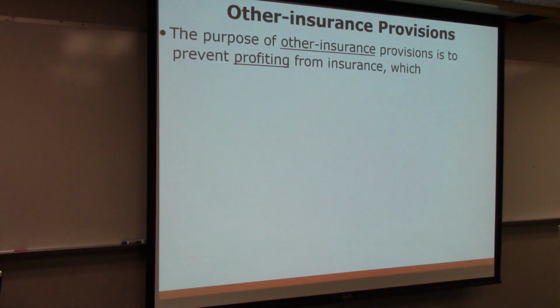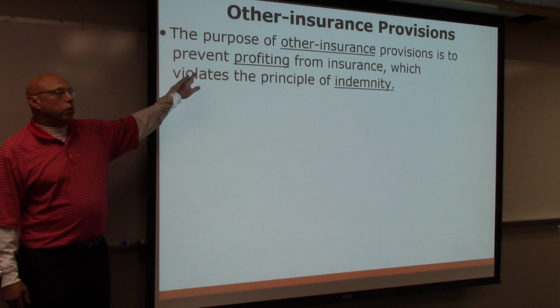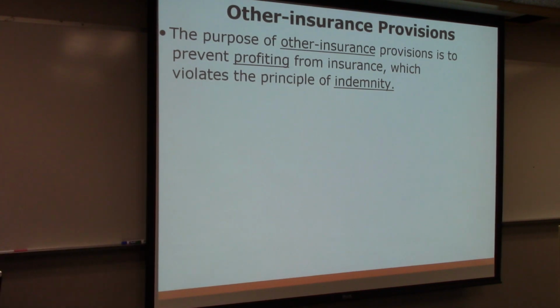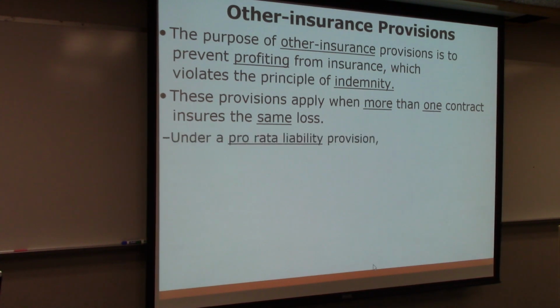Okay? So, if you have more than one contract, you're not going to recover more than the value of the property. So this comes into play when you have more than one company or policy covering a loss.